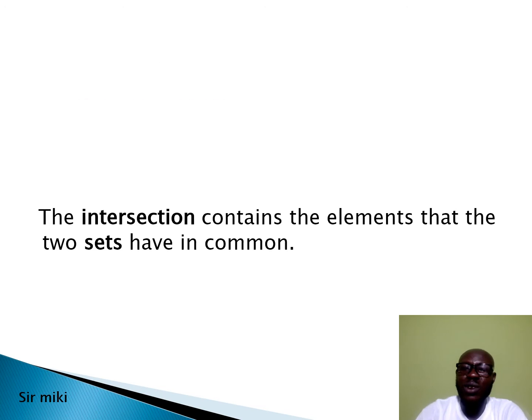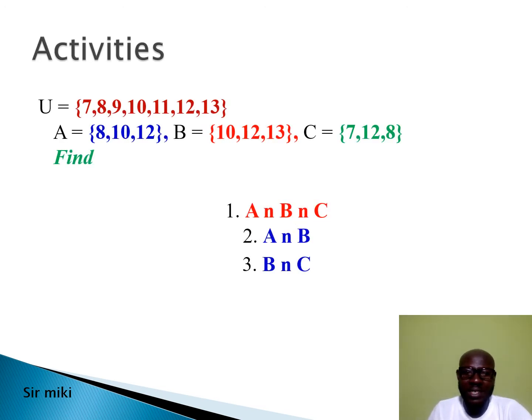Alright, now let's look at the activities. We have set U equals {7, 8, 9, 10, 11, 12, 13}. Then we have set A equals {8, 10, 12}. Then we have set B equals {10, 12, 13}, and set C equals {7, 12, 8}.